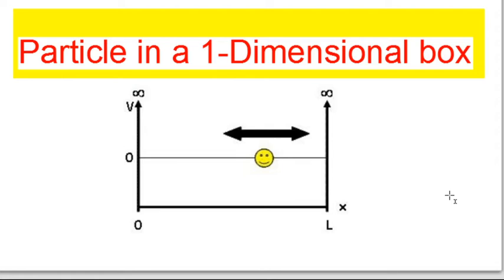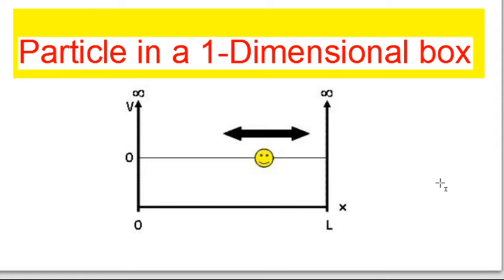Other dimensions are considered absent. So for convenience, we consider it as x-axis here. And our particle can move along this x-axis only, to and fro it can move.